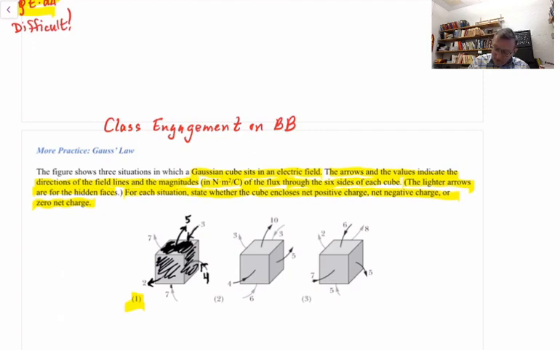The bottom face, you have inward piercing electric flux with magnitude 7 Newton meters squared per coulomb. And lastly, on the left face, you have outward piercing electric flux with magnitude 7 Newton meters squared per coulomb. Okay, with that information, tell me, is inside that cube a total charge that's positive, a total charge that's negative, or a total charge that's 0? And you do that for picture 1, picture 2, and picture 3.